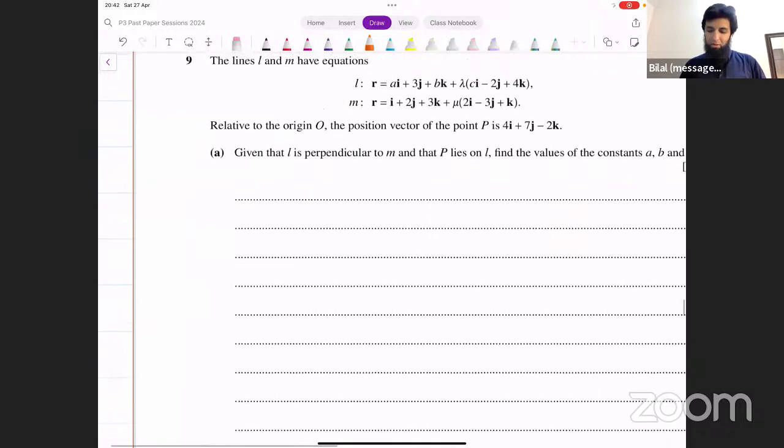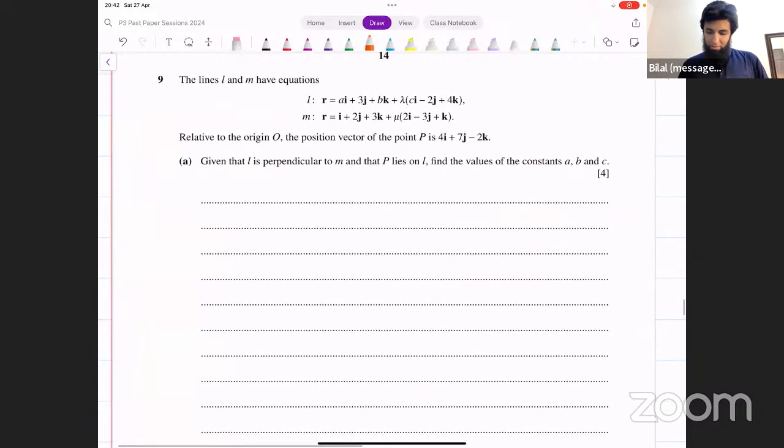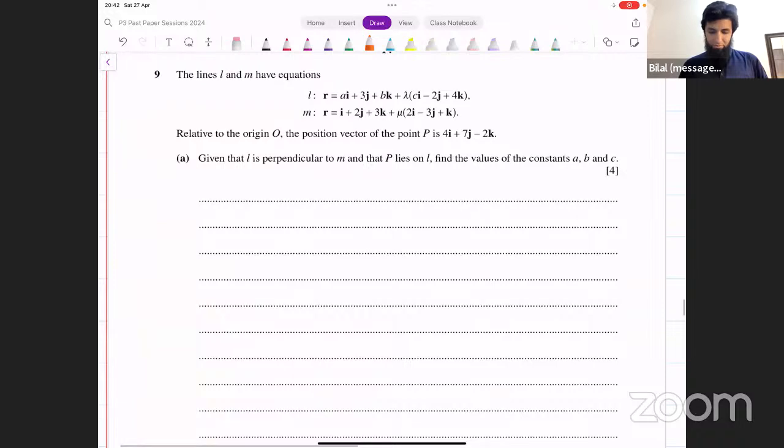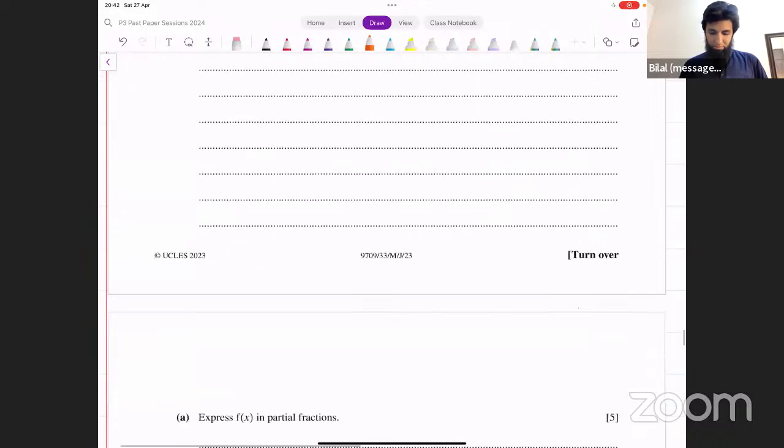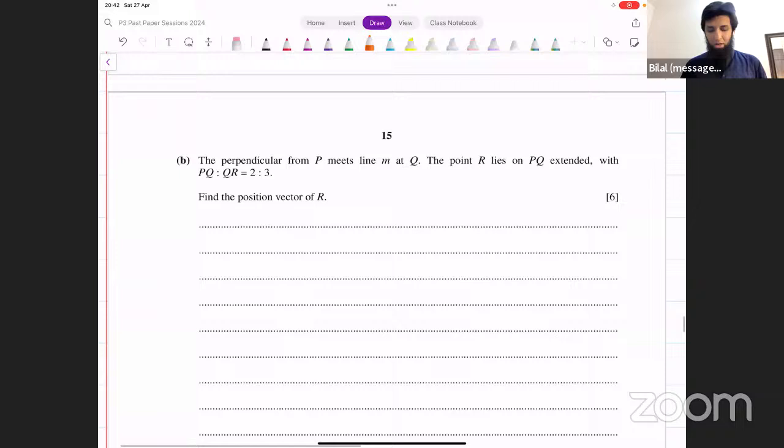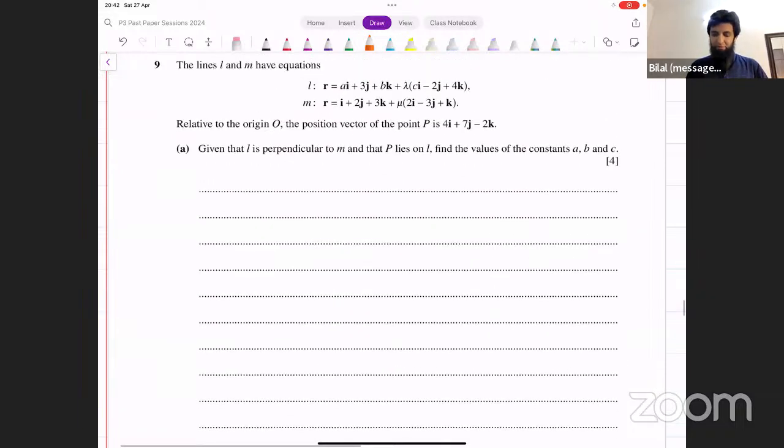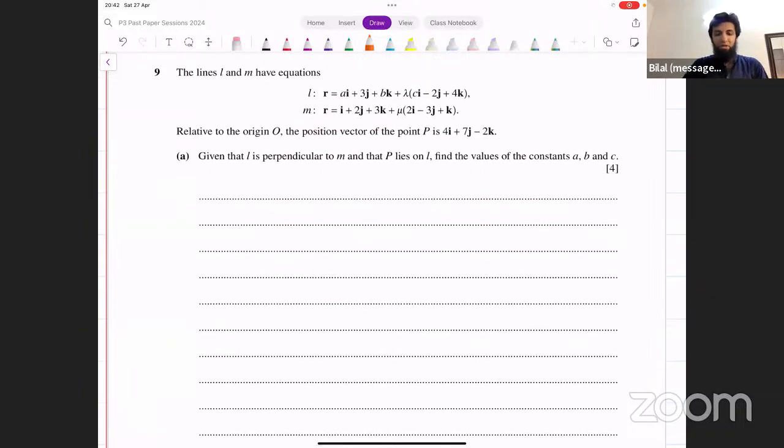Question number 9. Okay, again, vectors. Now this looks different from the standard question. Let's have a look at this now. It says the lines L and M have these equations. Relative to the origin O, the position vector of the point P is 4i plus 7j minus 2k.